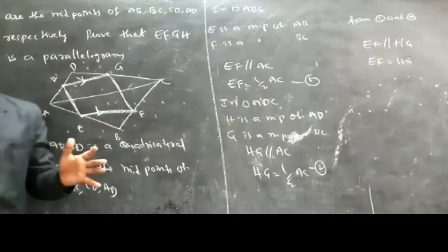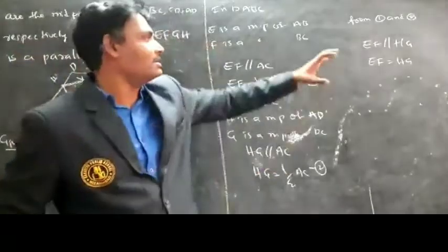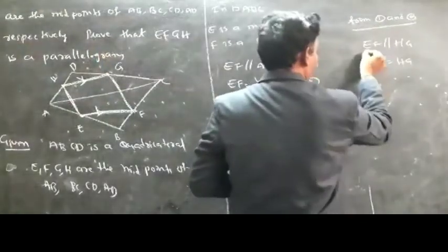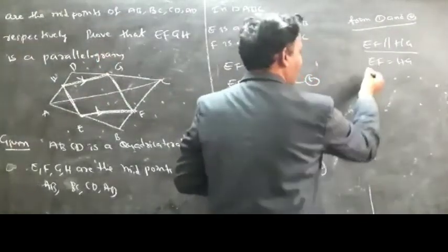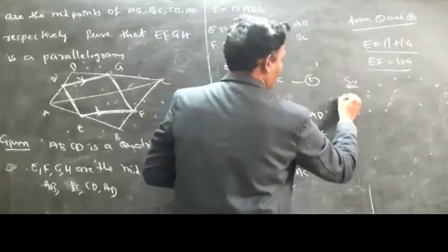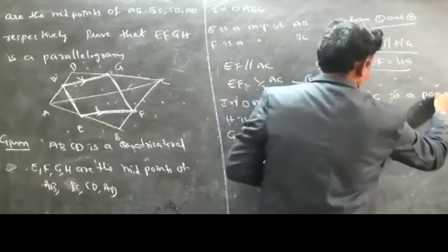If in a quadrilateral one pair of sides is parallel and equal, that is called a parallelogram. So we can write EFGH is a parallelogram.